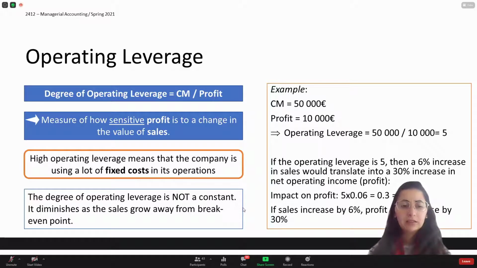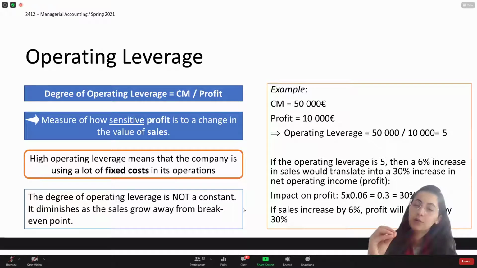Note, however, that the degree of operating leverage is not constant. As we move away from the break-even, it diminishes. The contribution margin is only sales revenues minus variable costs.